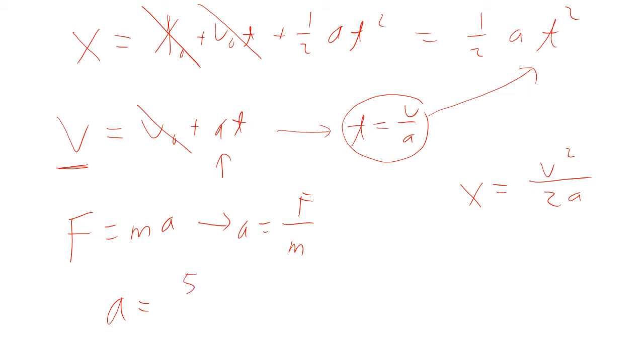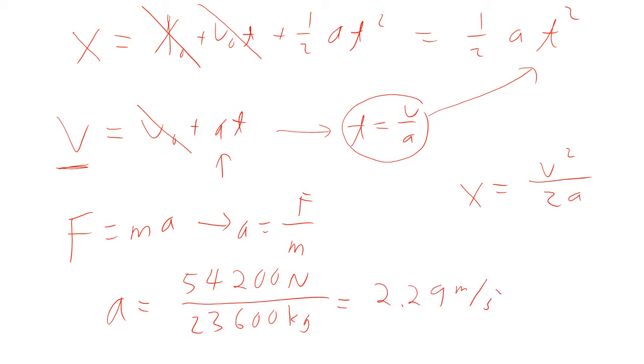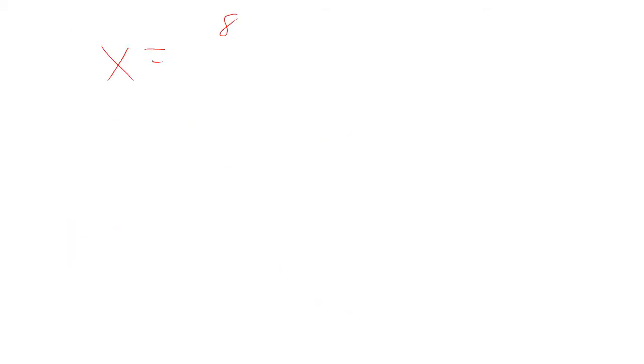So a is going to be F over m. That's 54.2 kilonewtons, so 54,200 newtons, divided by 23,600 kilograms. So a comes out to be 2.29 meters per second squared. I plug that into the other equation. So x equals 85.0 meters per second, squared, divided by 2 times 2.29 meters per second squared.